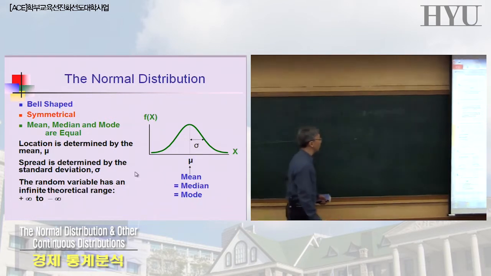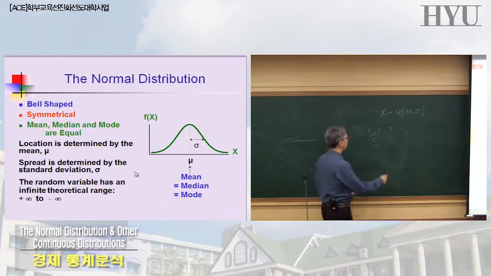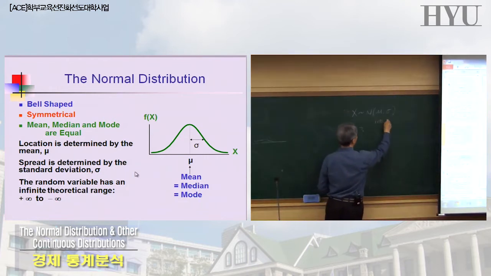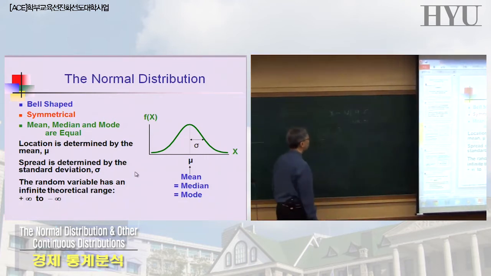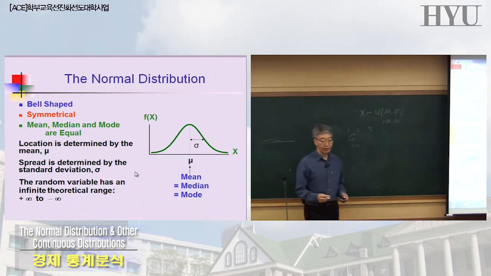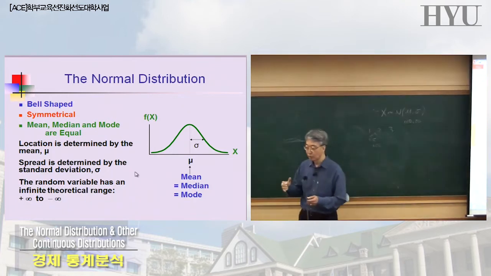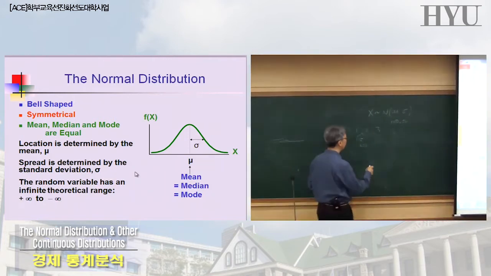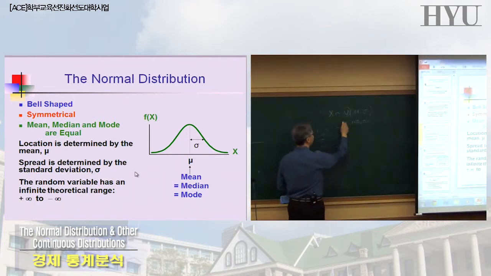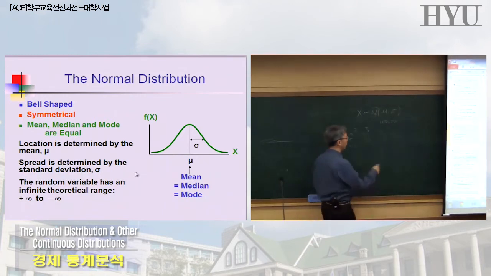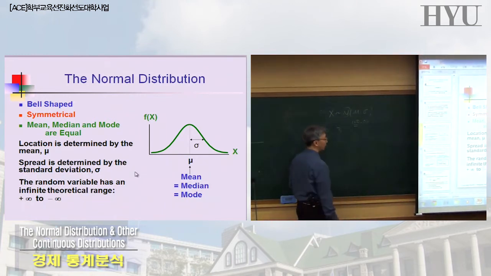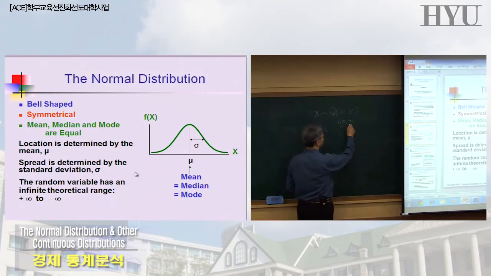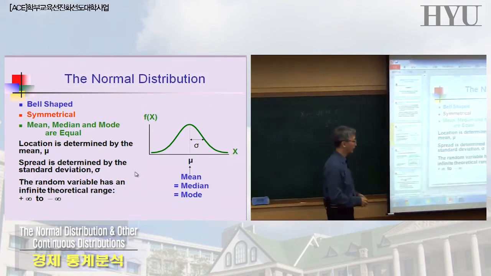So if you write something like 100 and 50, then we have provided all the necessary information to understand this distribution. What this means is that the shape of the distribution is normal, the central location is 100, and the spread is 50, how widely those numbers are spread.